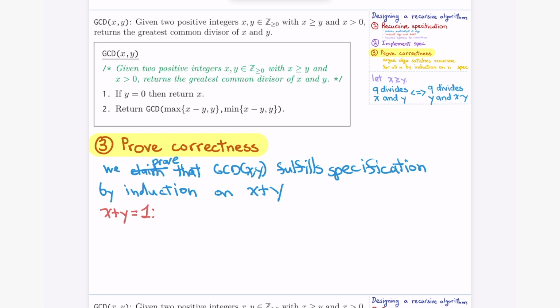If x plus y is equal to 1, then I guess x has to be equal to 1 and y has to be equal to 0, and this returns 1, which we think is okay. Obviously, I'm being a little bit loose here. That's one base case. I think we feel good about this. Okay. So what next?